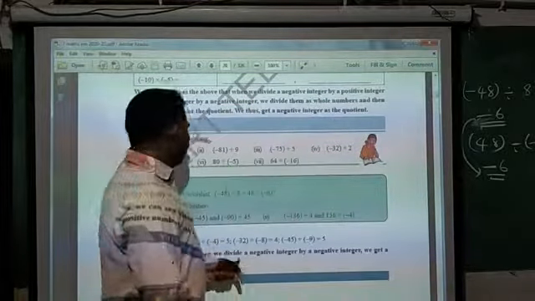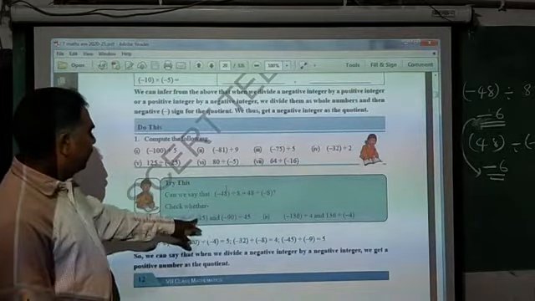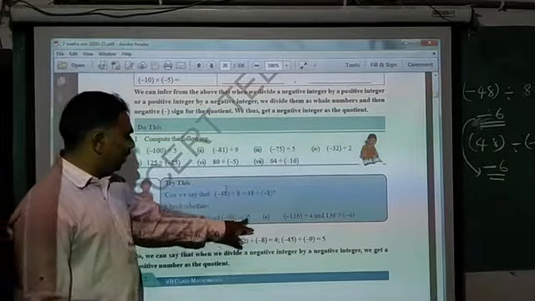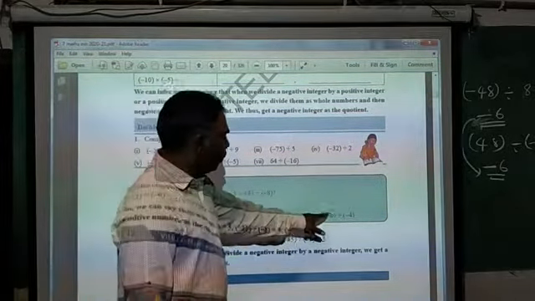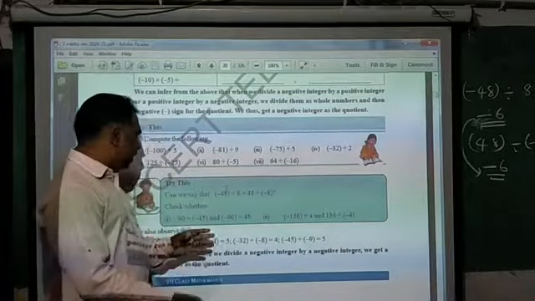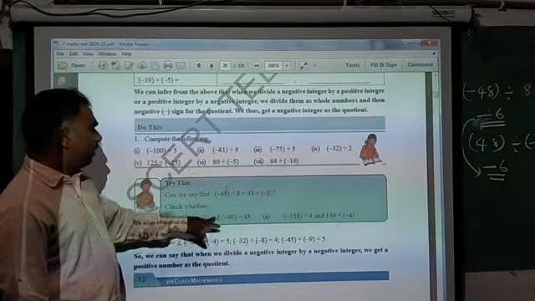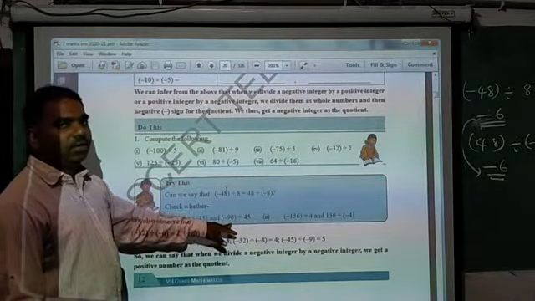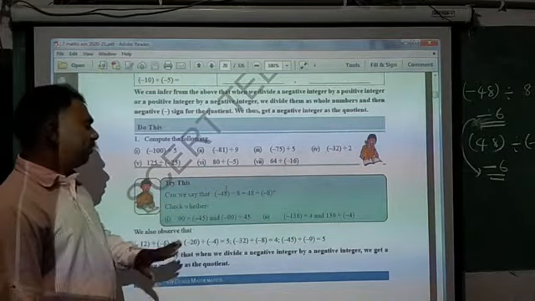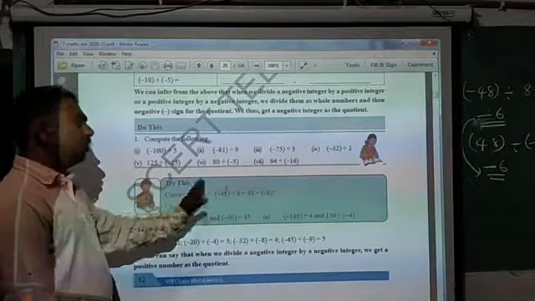Below also you see some questions, 90 divided by 45, numbers are the same. Only what we have done here is symbols exchange. In the first, for 45 there is minus. In the second one, for 90 there is minus. Only symbols exchange, but numbers did not exchange. So you will get the same answer in both situations.